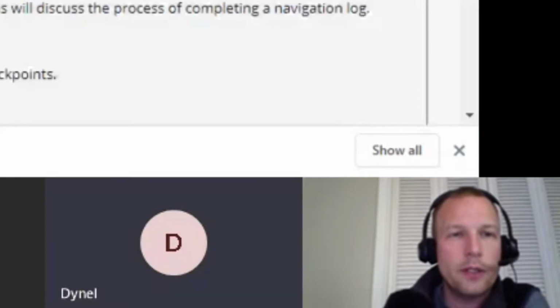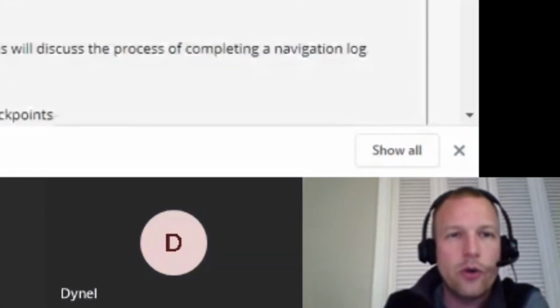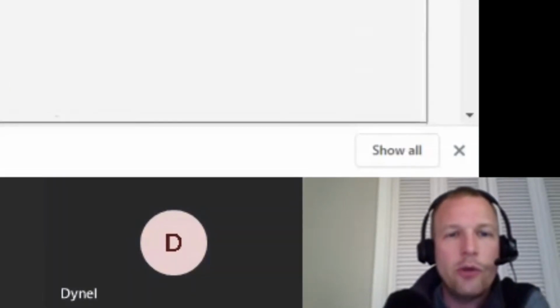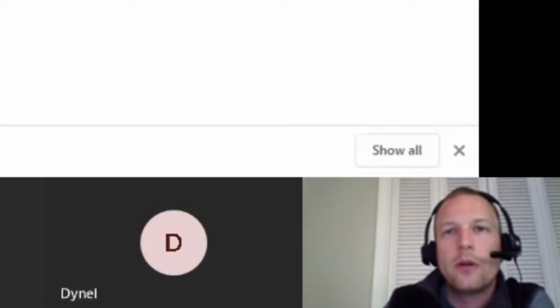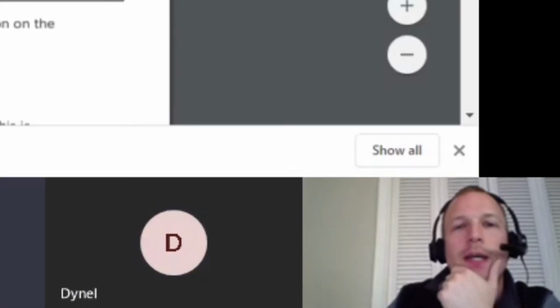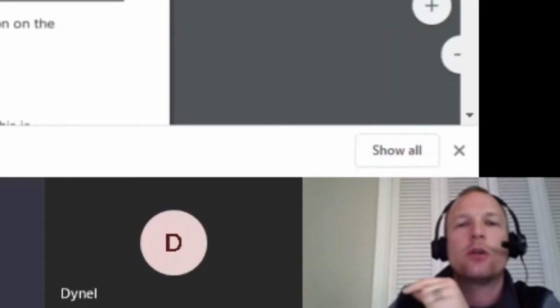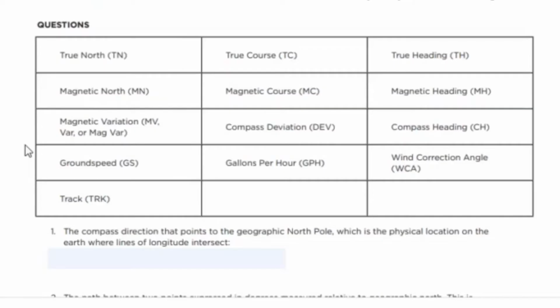So we talked about time zones. We just talked about measuring course. Continuing with that discussion about the language of navigation, like I said, the definitions are really important. So what did we say it's called when you measure the direction on the sectional chart? Do you remember? Course.